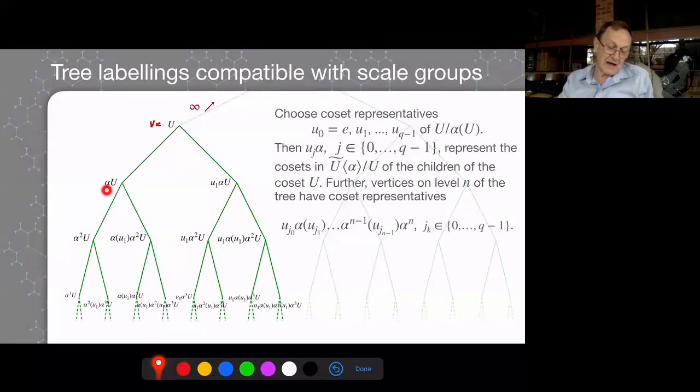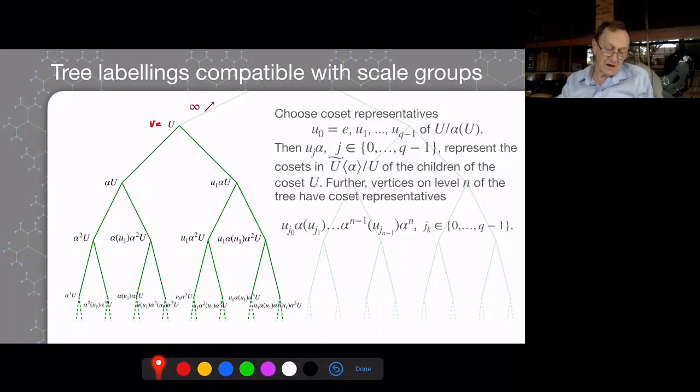And then alpha U up to U sub Q minus 1 alpha U are the stabilizers of the vertices below U, and we'll label our vertices with those cosets.